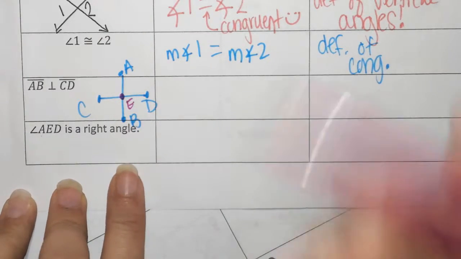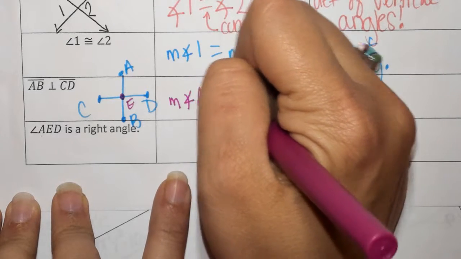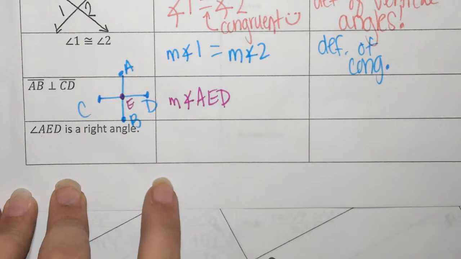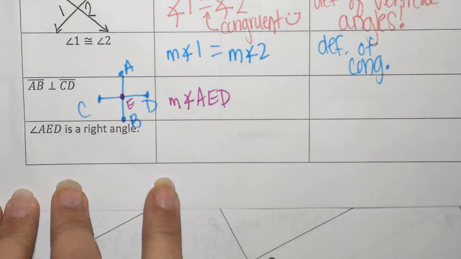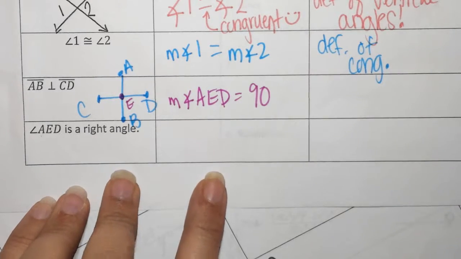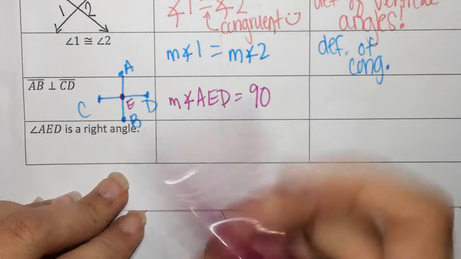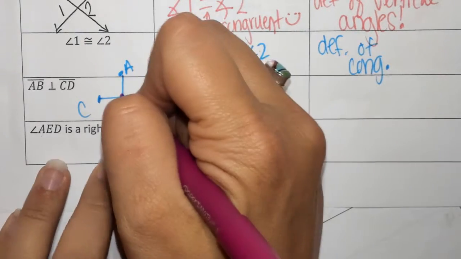Can anybody tell me what that means for the measure of angle AED? What is the measure of that angle? 90 degrees. Fantastic. Can anybody tell me what symbol we use if it's 90, and what we put right here? A little square.